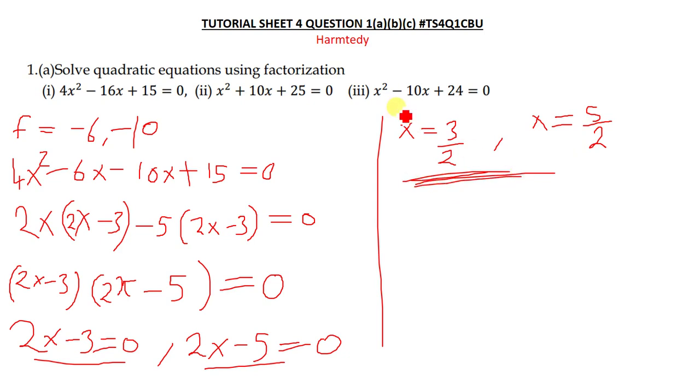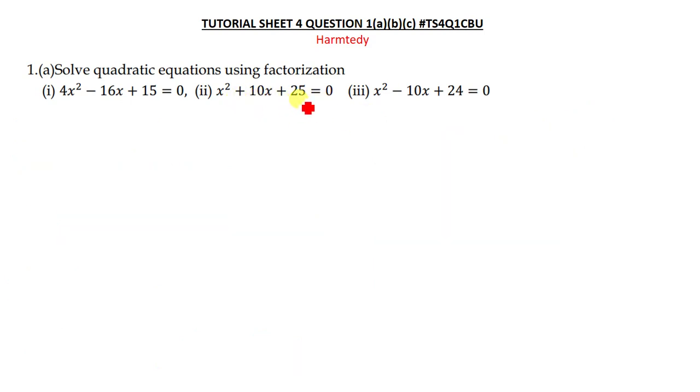Let me also solve one of the remaining two questions, then we go to B. The other question we have is x squared plus 10x plus 25. The product here is found by multiplying 1 times 25, which is 25, and the sum is found by getting the coefficient of x, which is 10.